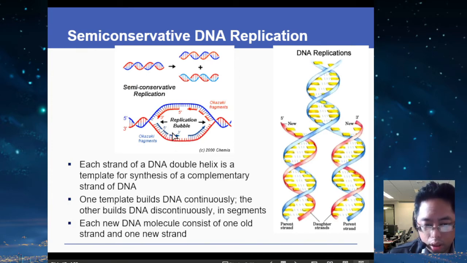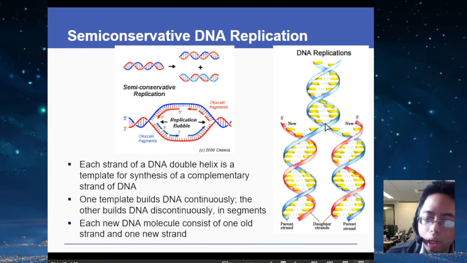Okay, so what happens is that little by little you have a gap here. These are called the Okazaki fragments. Okazaki fragments will soon combine into a long strand. As you can see in this picture right here, this is the parent DNA, the original, the old DNA in blue.